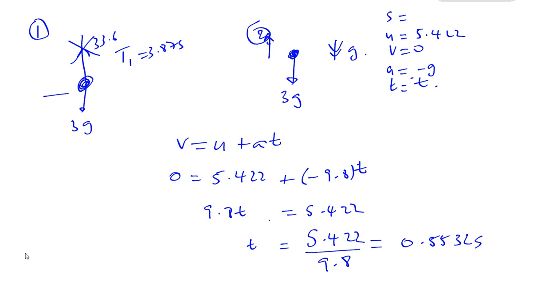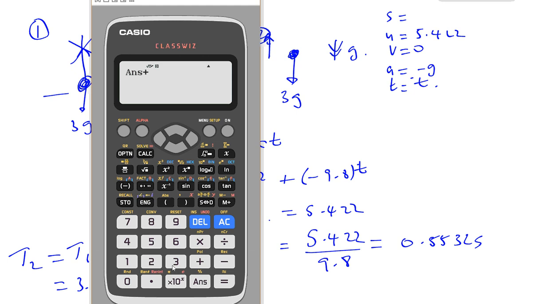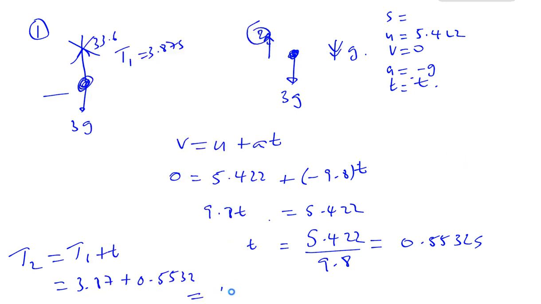So now we can say that T2 is equal to T1 plus T, which is 3.87, which is root 15, plus 0.5532, and that gives you 4.43 seconds.